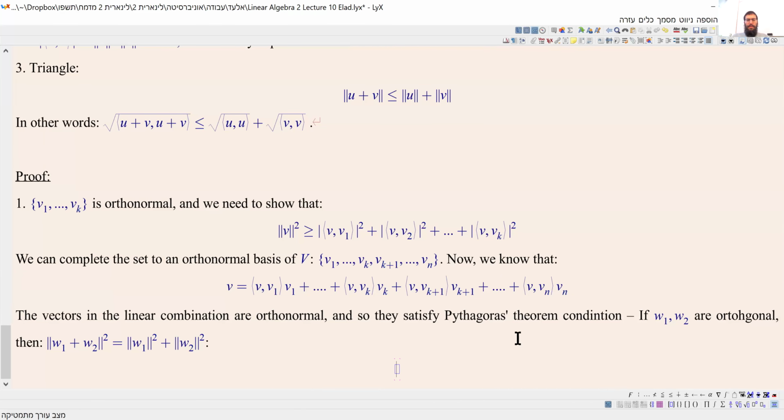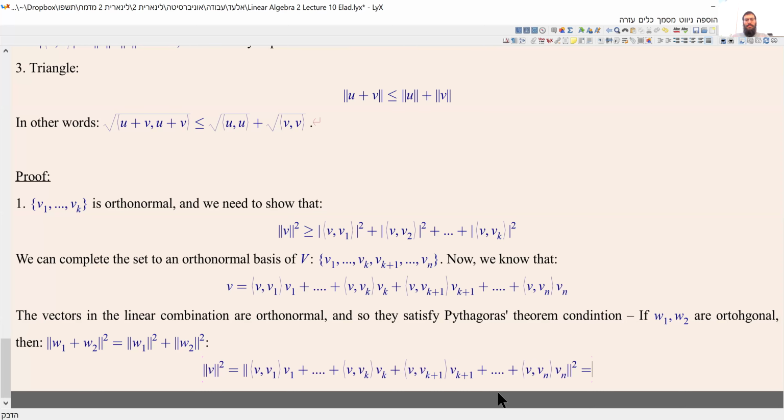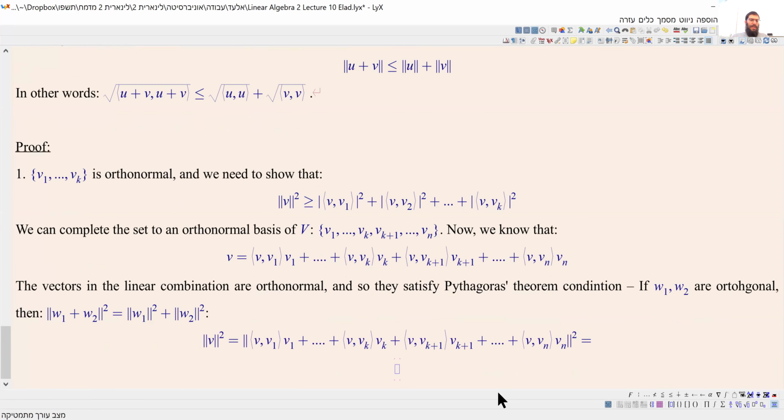So what do we have here? The squared norm of V is the squared norm of the whole linear combination. Now the vectors are orthogonal, so by Pythagoras, the norm squared of the sum is the sum of the squared norms.